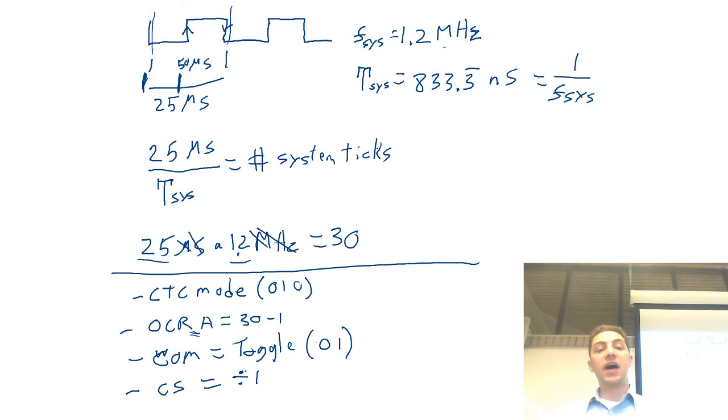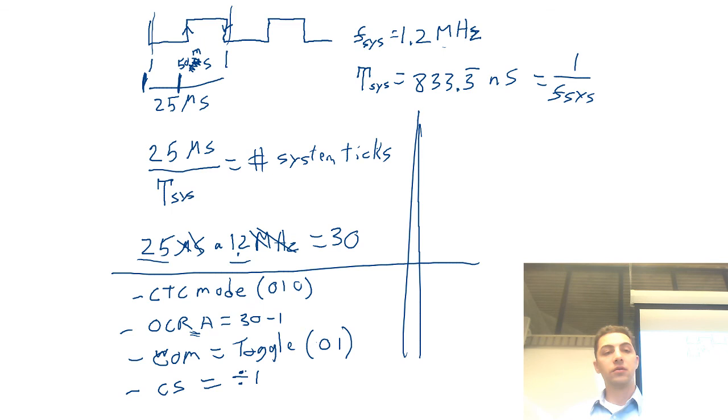But if I upped this to say milliseconds, let's look at that. If I change this to milliseconds, what would happen? Well, now I'd have to do the same thing, right? 25 e to the -3 times 1.2 megahertz e to the 6th.